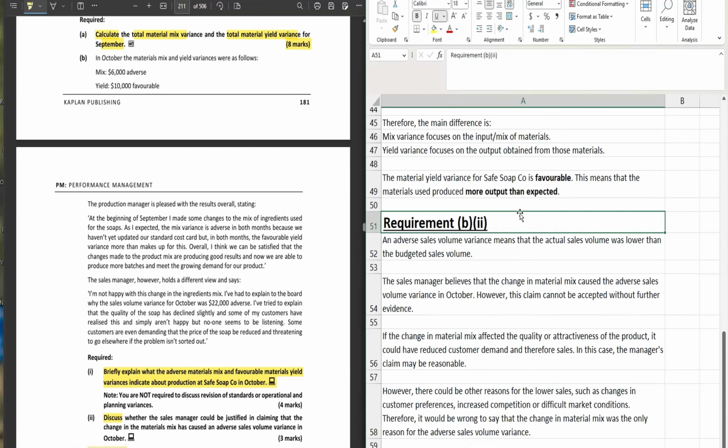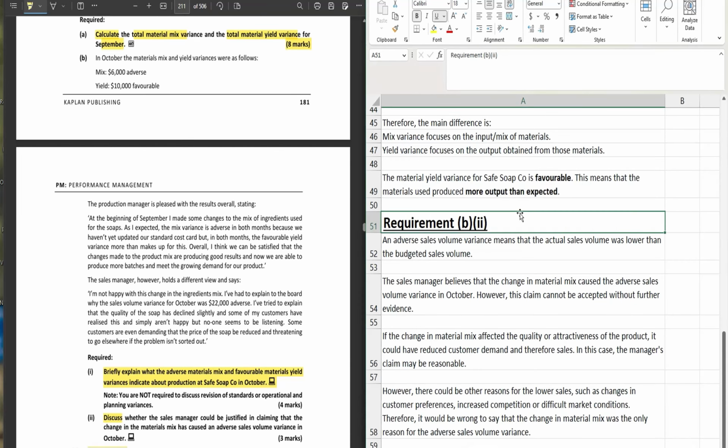But the problem is we have a lower sales volume, and the reason could not only be this change in the material mix. There will be many other reasons, like a competitor has come into the market so we have increased competition, or market conditions are very difficult, or there might be a change in customer preference.